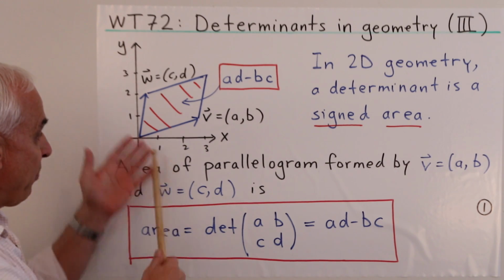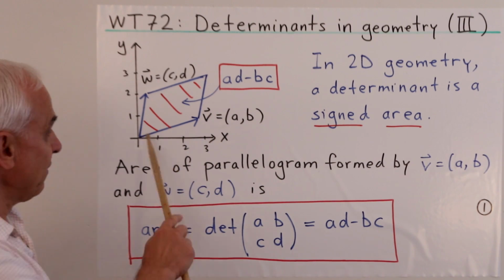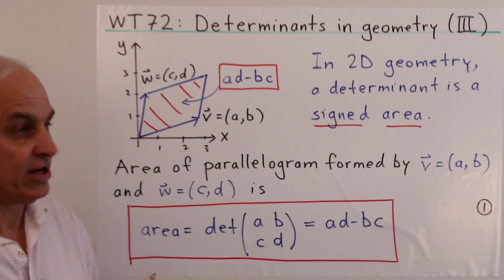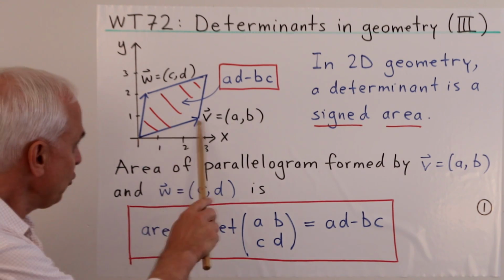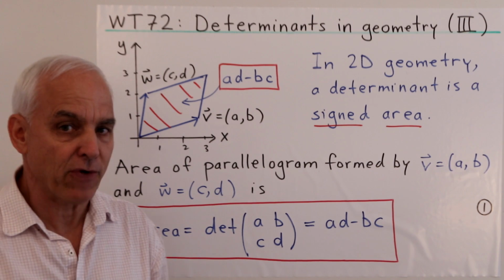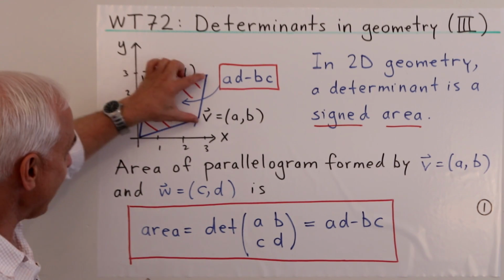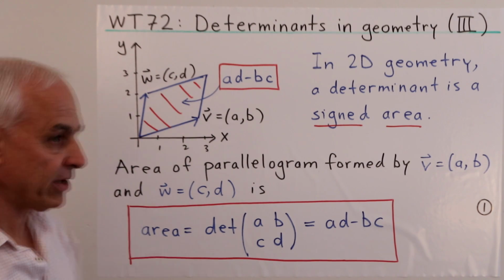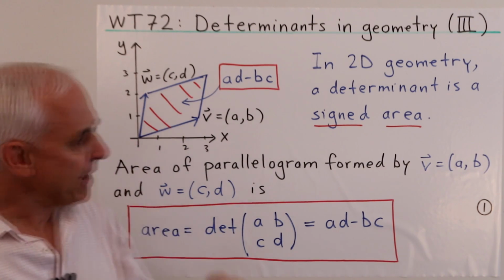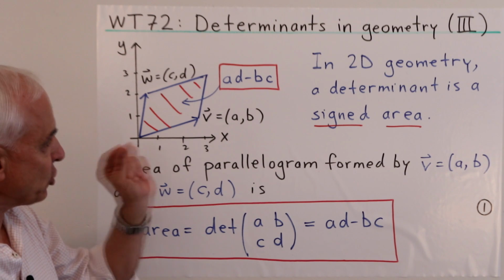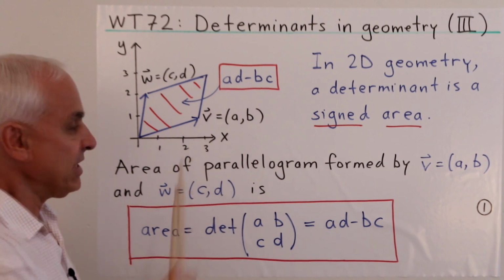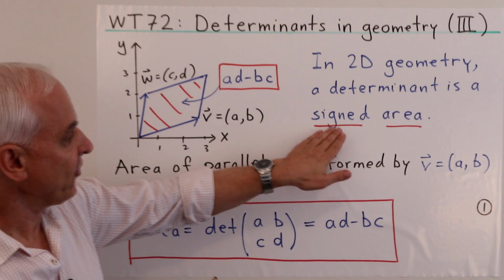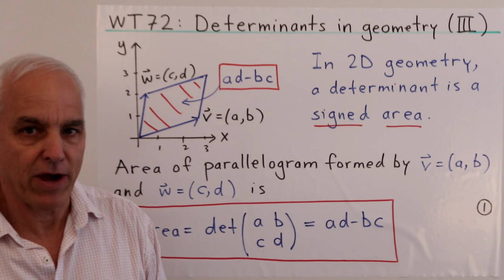Okay, so I remind you that the basic situation is in fact a very familiar one. We have the plane, we have two vectors, v equals (a, b), and say w equals (c, d). These two vectors form a parallelogram because we can take this vector and translate it here, and take this vector and translate it there. That's then a parallelogram. And the determinant, this ad minus bc quantity, is interpretable as a signed area of this parallelogram.